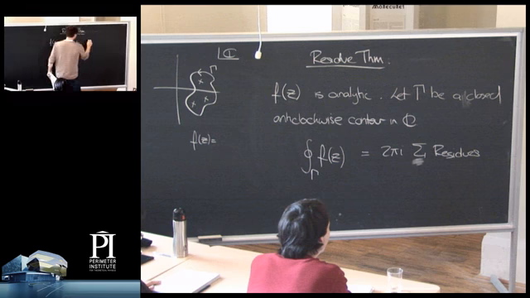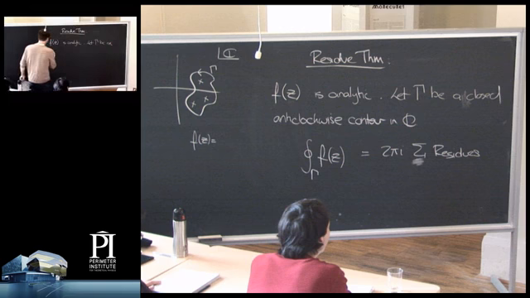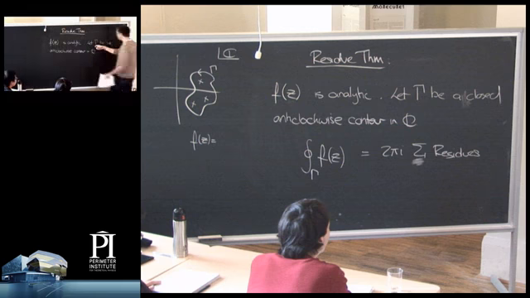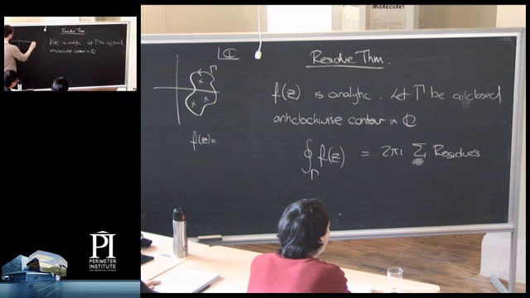Right, so the statement is that, let gamma be a closed, anti-clockwise contour in C. So here's C, and I pick some contour gamma, which is anti-clockwise, which goes that way.